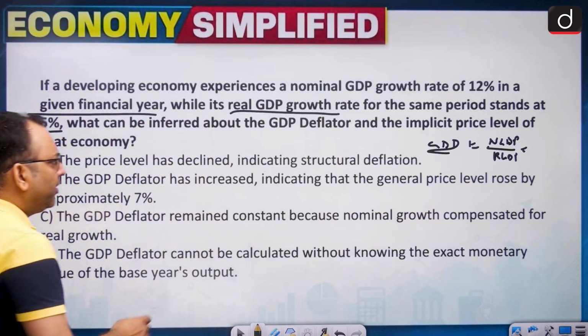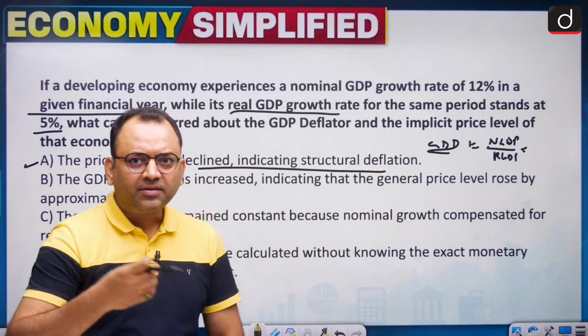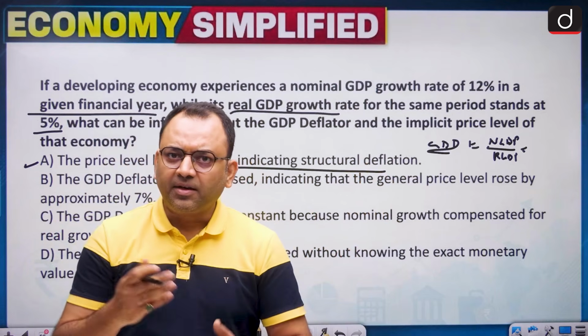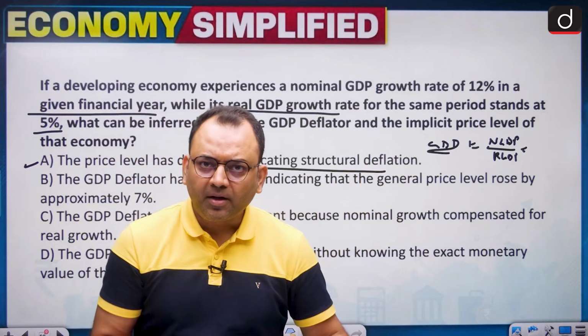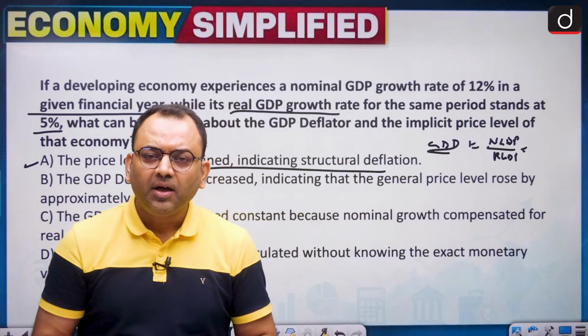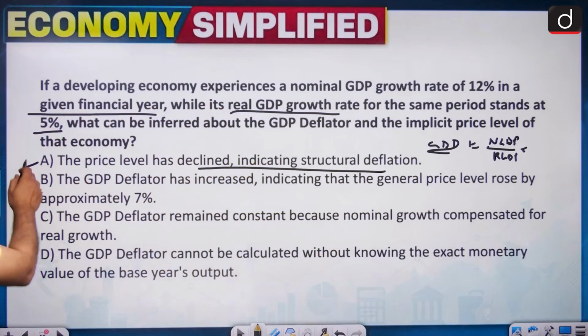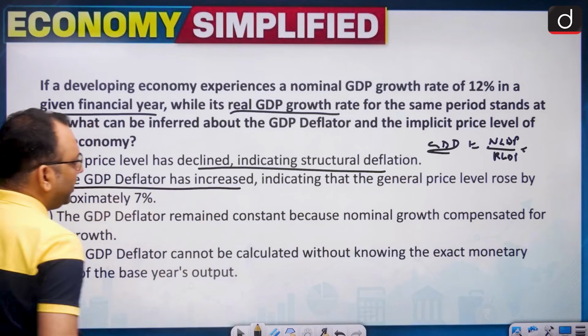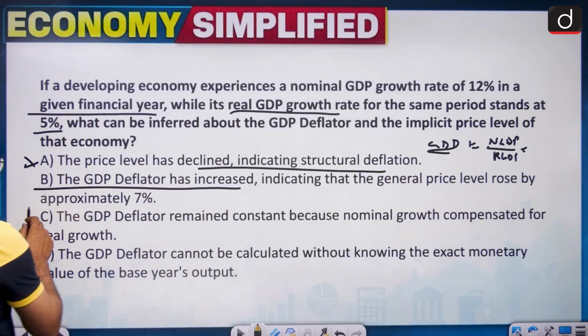This is incorrect because you see, nominal GDP is rising faster than the real. It means inflation is there. Nominal GDP shows the GDP at the current market prices. So if that is at a faster rate than the real GDP, it means what? The prices are increasing, right? So this is not the correct statement. Now, "the GDP deflator has increased, indicating a rise of prices by approximately 7%."